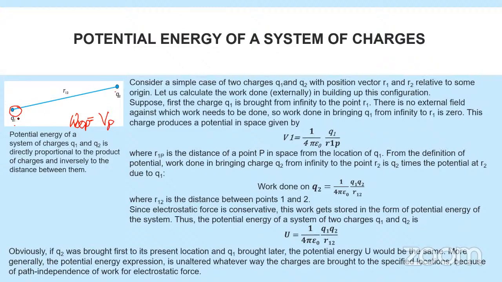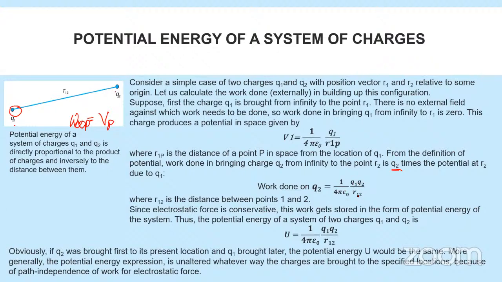The work that is being done is the product of the charge that is being brought multiplied by the potential at this position due to the presence of Q1 that is already brought here. So the work done on Q2 is going to be 1 upon 4 pi epsilon 0 Q1 Q2 by R12.